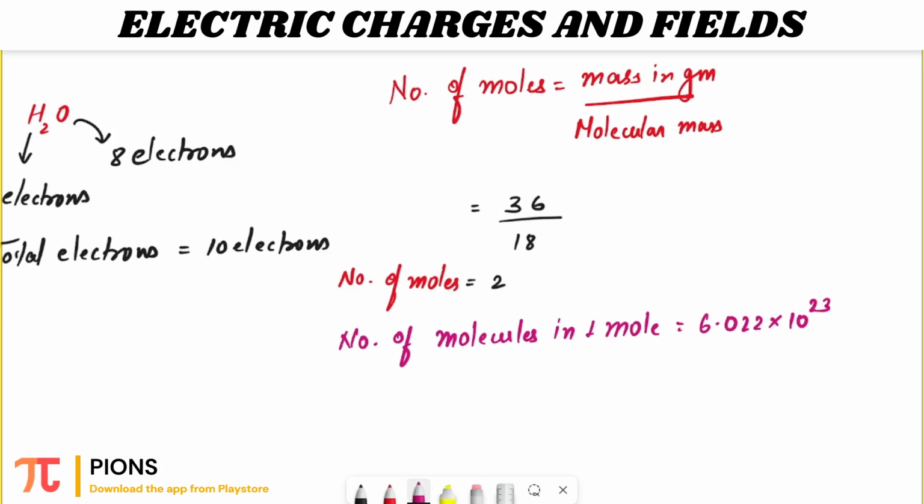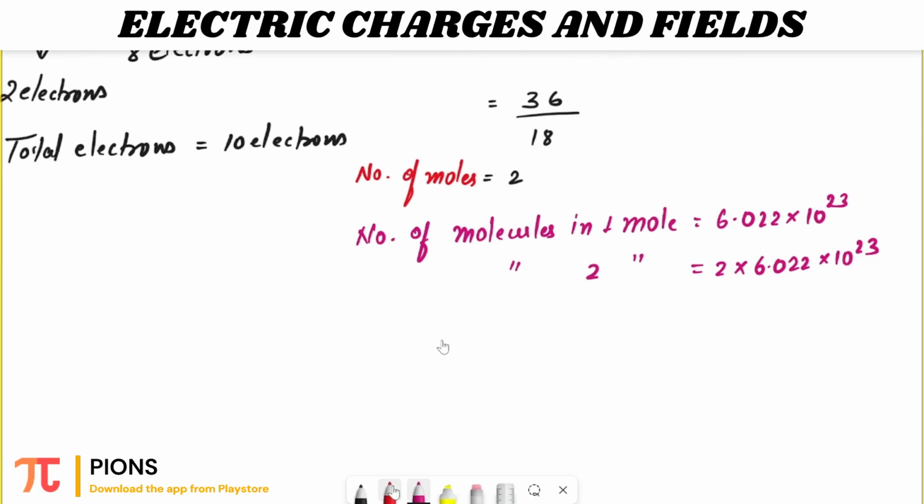Now in 2 moles, it will be 2 × 6.022 × 10^23. That will be the total number of molecules present in the 36 grams of water. Now each molecule contains how many electrons? Each molecule contains 10 electrons. So how many protons will be there?